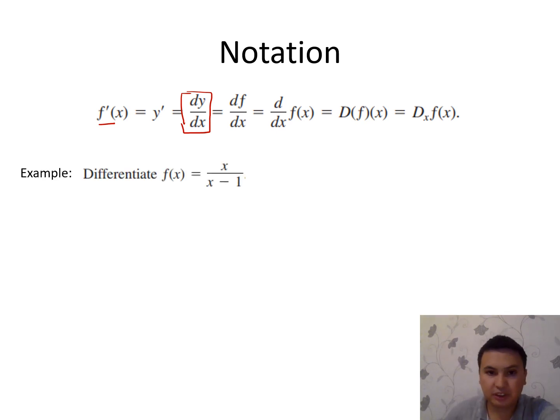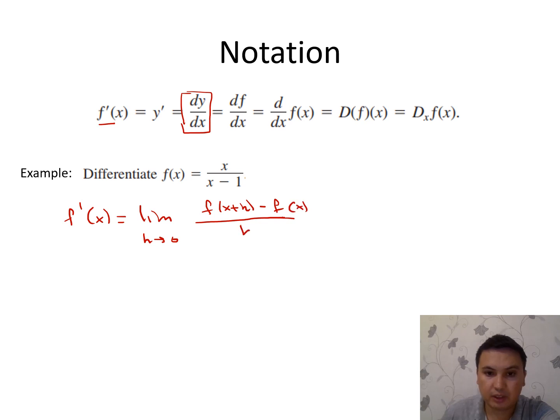So we would like to differentiate f of x equal to x over x minus 1. It doesn't say at which point, so we just differentiate at every point. So our x0 is x, right? So what is f prime of x? Well, this is nothing but the limit as h goes to 0 of f of x plus h minus f of x divided by h.